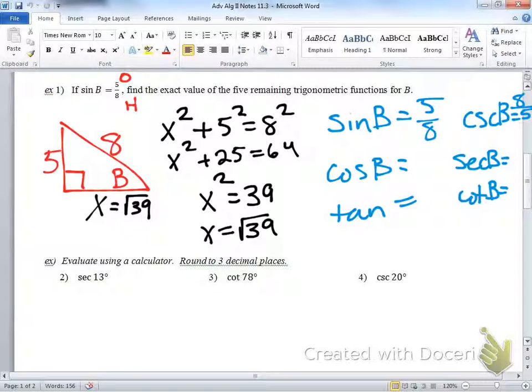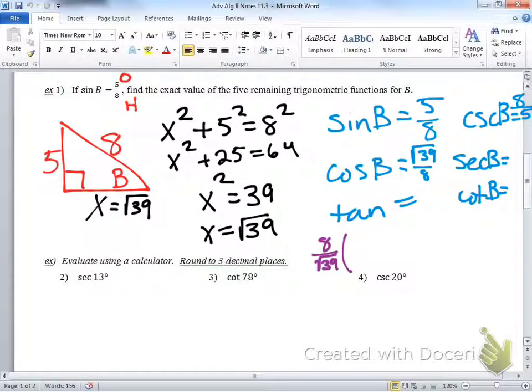Now let's go to cosine and secant. Cosine would be square root 39 over 8. Now, there's a problem, and I'm going to do the work off to the side. When I flip that, we can't leave the square root 39 in the denominator, so what am I going to do?